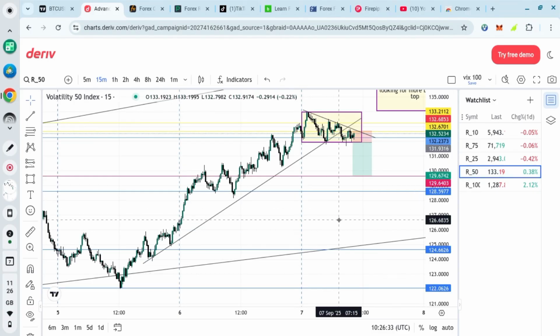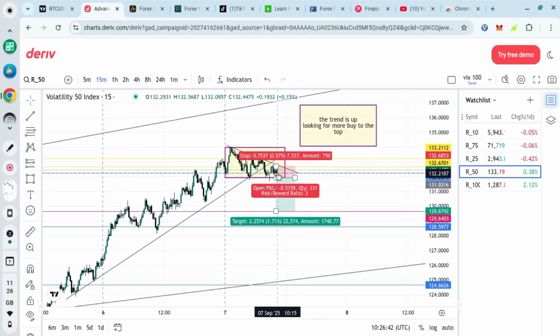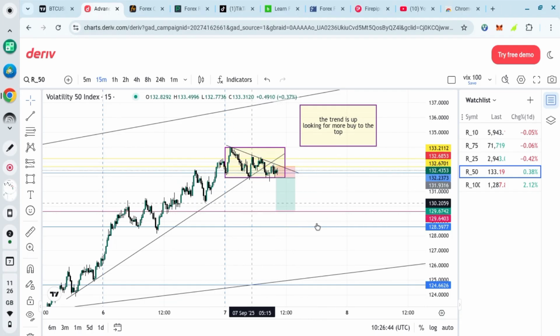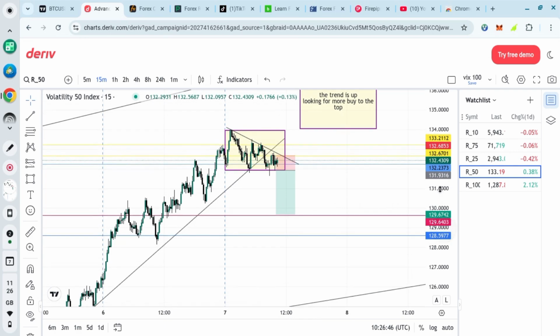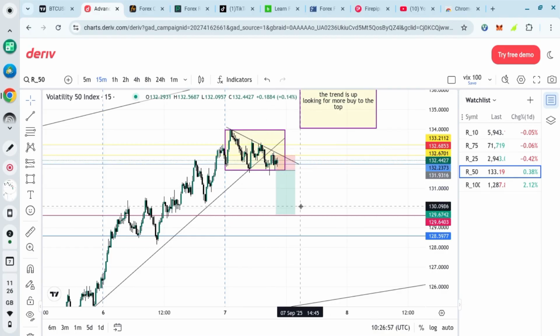This uptrend, but now it is ranging here. So we are looking for it to come back to this place. It will break down. Do you know the reason why I know that it will break down? That range is going to break down because it's already doing higher high, higher low, higher high, higher low. So there's a probability that it will break down to this place, then it will start going up again.